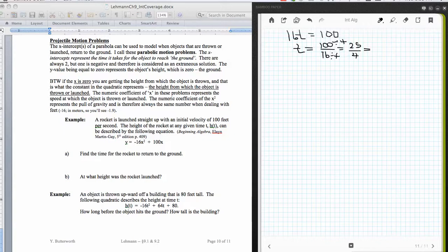So 4 goes into 25 6 times with 1 left over, and I can either write that as 6 1/4, or I could write that as 6.25, and this time is in seconds. So it will take 6.25 seconds for it to hit the ground. Now I am out of time here, so I'll catch you in the next video.